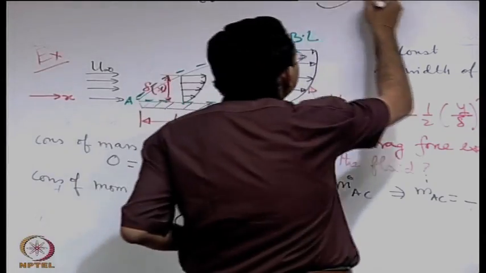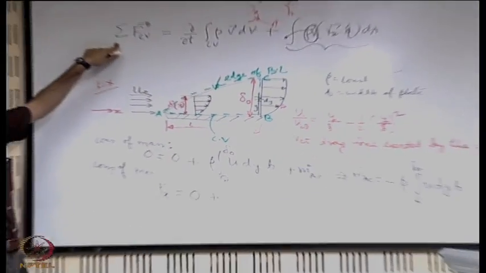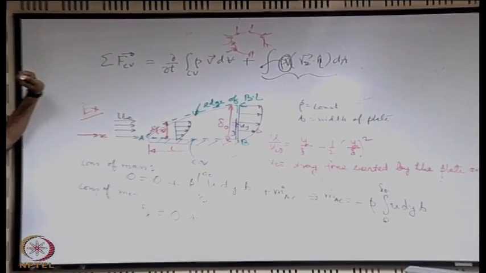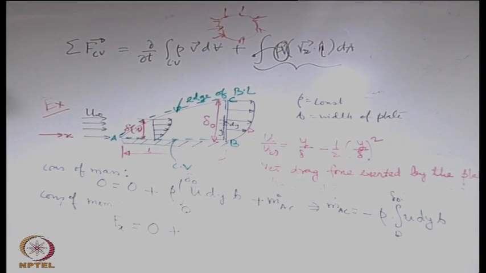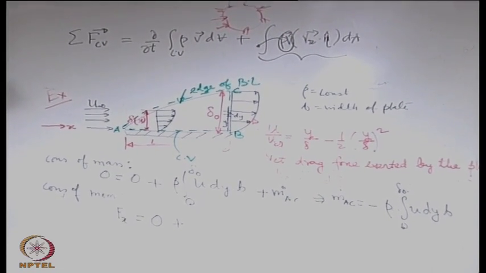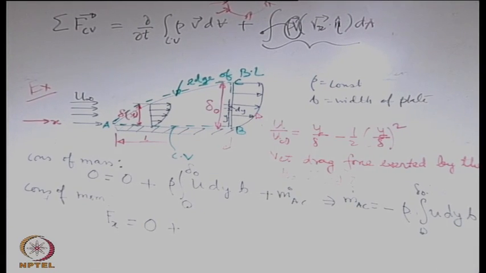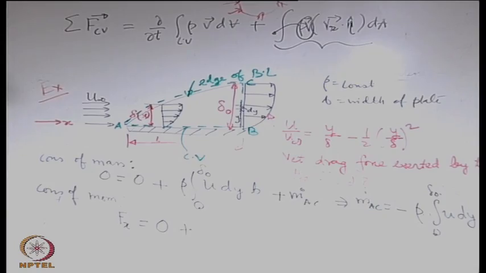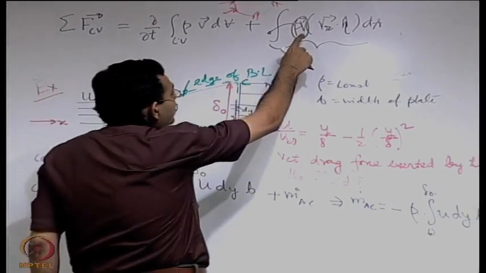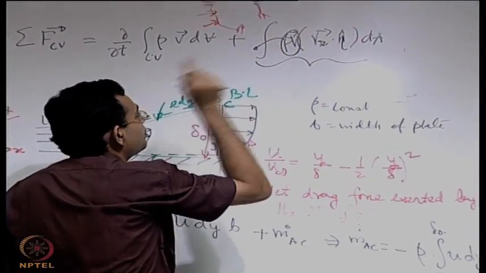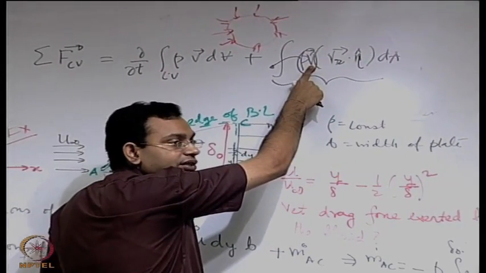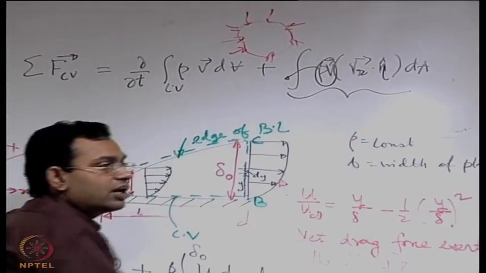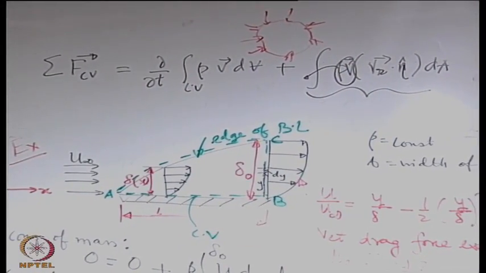Then look into the next term. That has contributions again for BC and AC. So let us first write what it is for BC. We are writing only the x component, so we will just keep in mind that we will write only the x component of the velocity vector.